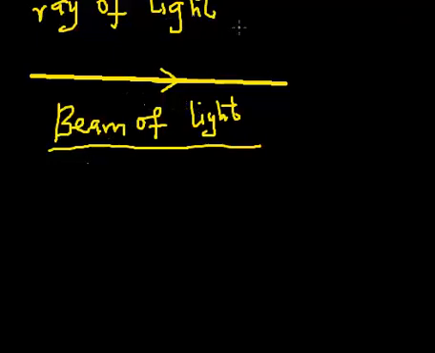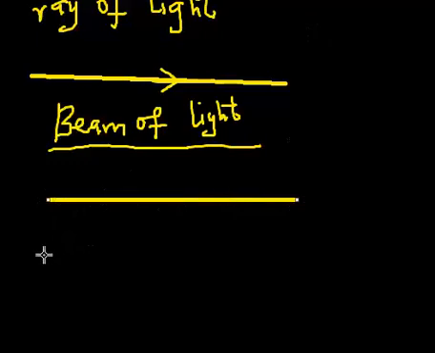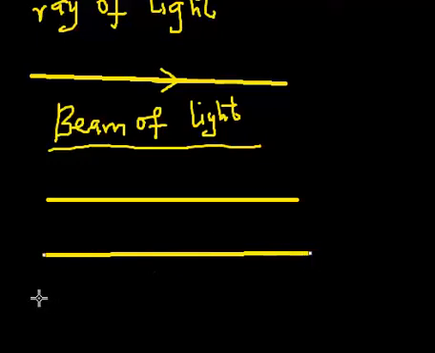If I'm representing a beam of light, there are three ways to represent it. It's either represented as a parallel beam. That means the rays in the beam are parallel, right? They are parallel. So I have this.